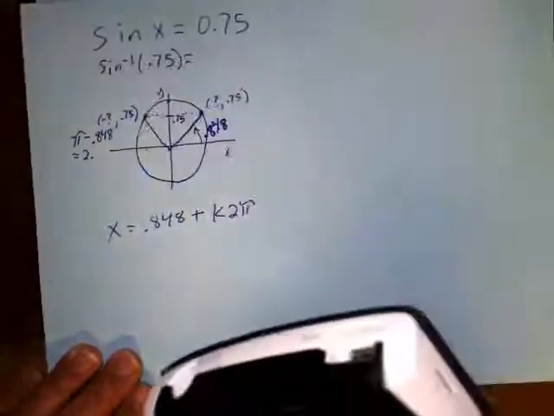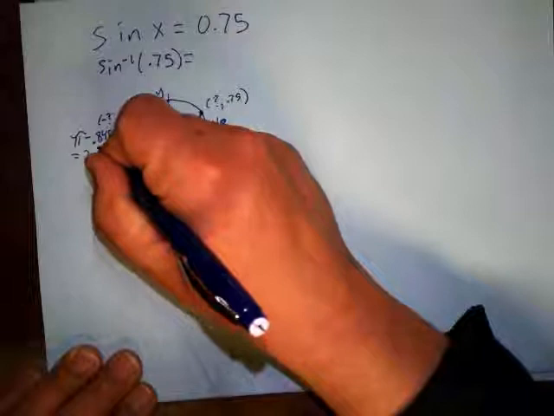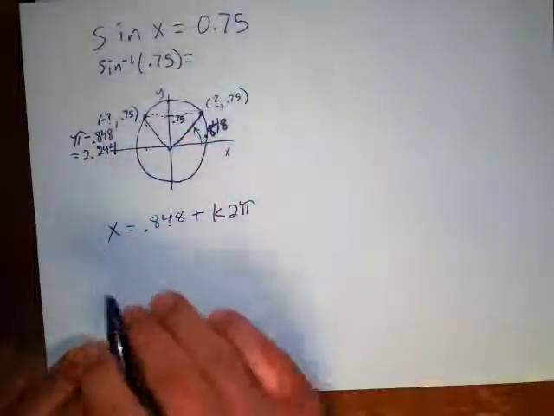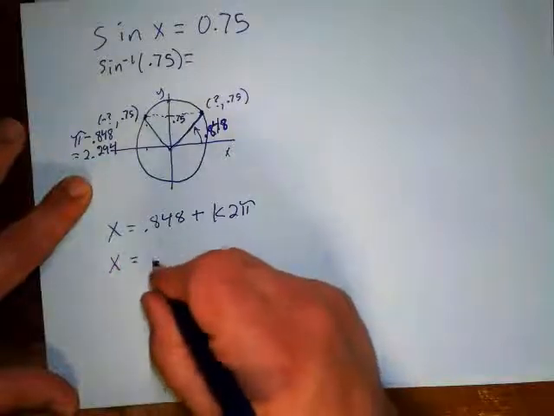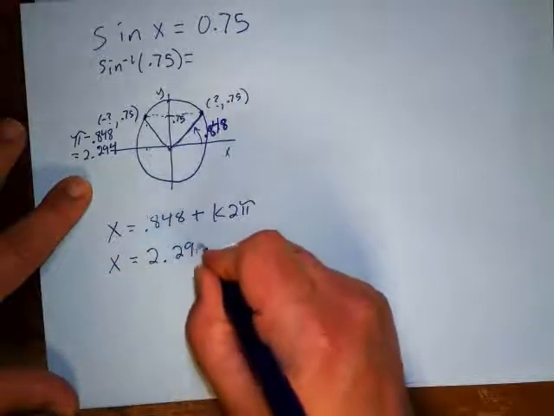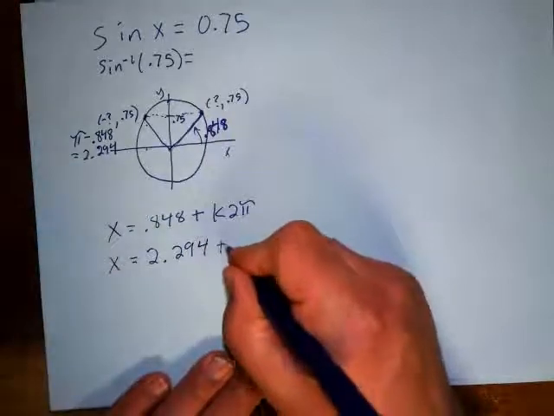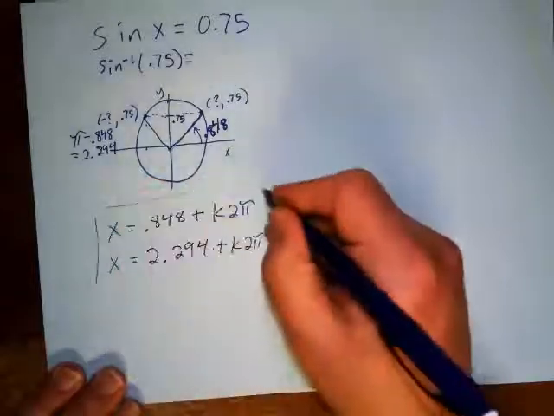Make sure I got that right. 2.294 when I round to 3 decimal places. So this would be x equal to 2.294 plus k times 2 pi. And those would be the two solutions.